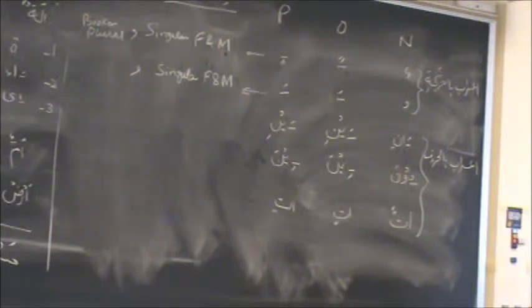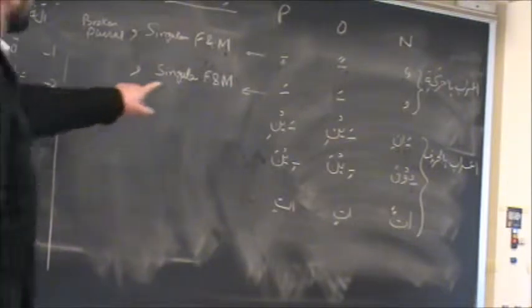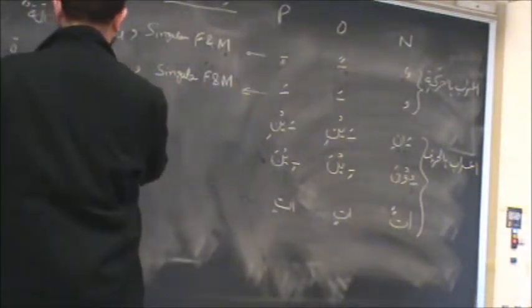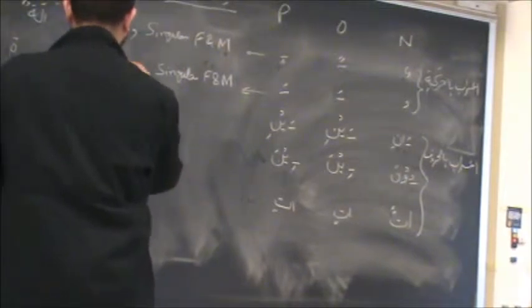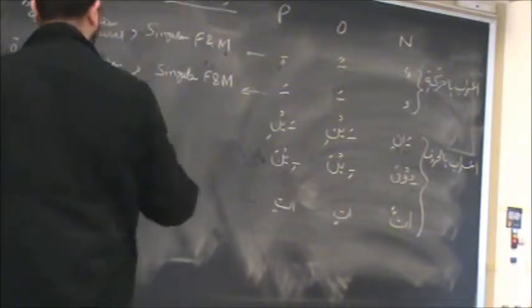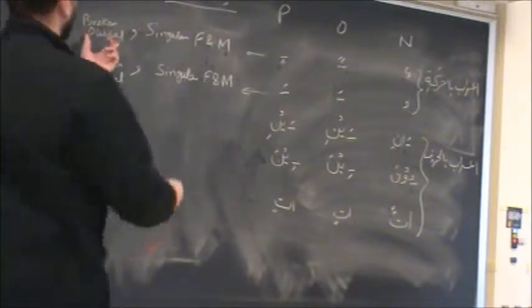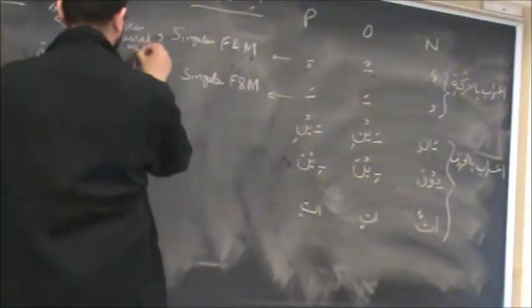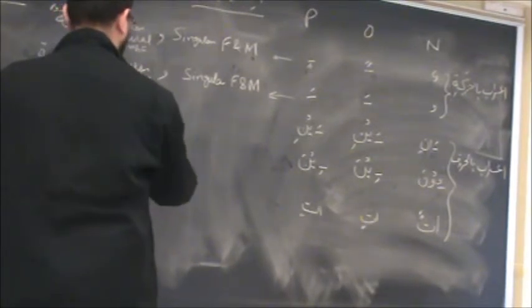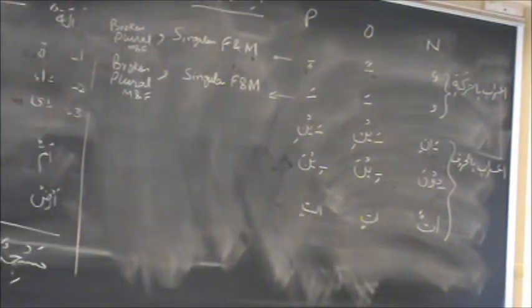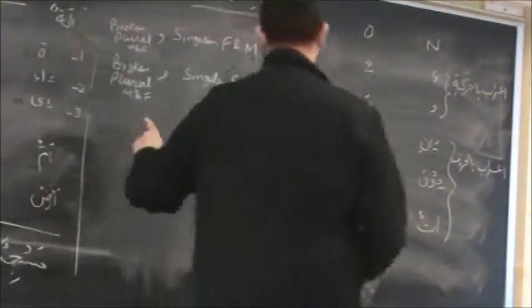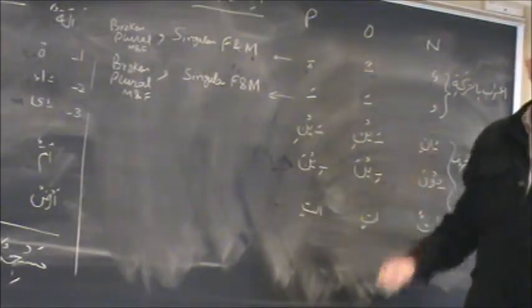So broken plural can be from this category as well. Okay. And when we say broken plural, for both male and female, because it is true in these both cases that for both male and female nouns, their broken plural can be from this category and they can be from this category.